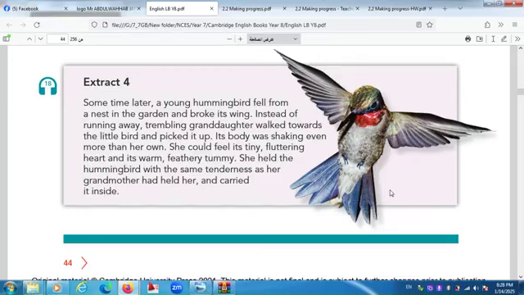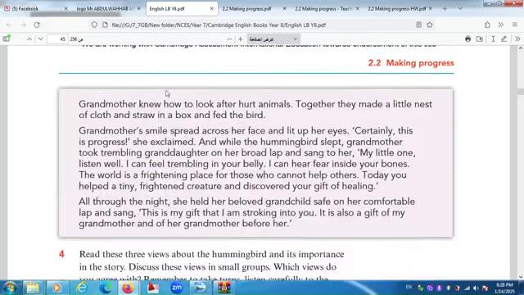Grandmother knew how to look after hurt animals. Together they made a little nest of cloth and straw in a box, and fed the bird. Grandmother's smile spread across her face and lit up her eyes. "Certainly this is progress," she exclaimed, and while the hummingbird slept, Grandmother took the trembling granddaughter on her broad lap and sang to her, "My little one, listen well.